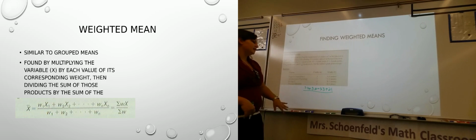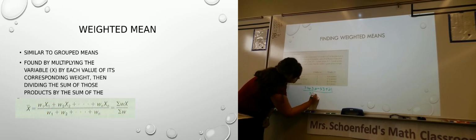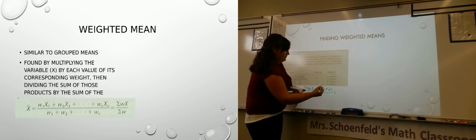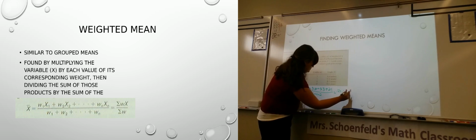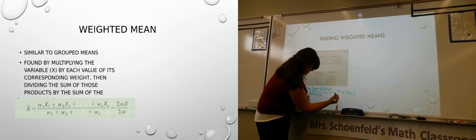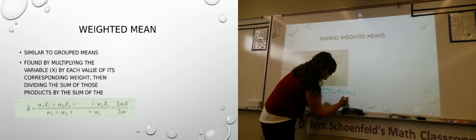Okay. Divided by the sum of the weights. So that's 3 plus 3 plus 4 plus 2. So I have 12 plus 6 plus another 12 plus 2, all over 3 and 3 is 6, and 10, and 12.